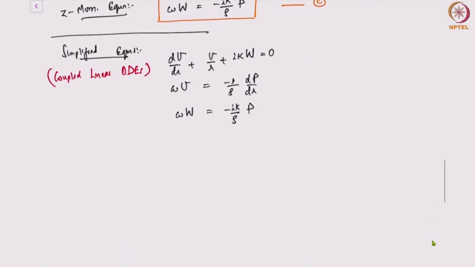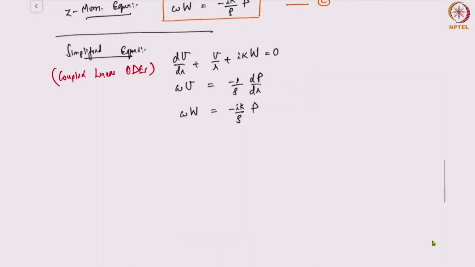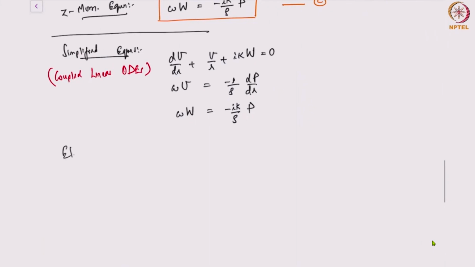So what we want to do is eliminate P from these equations. How do we do this?